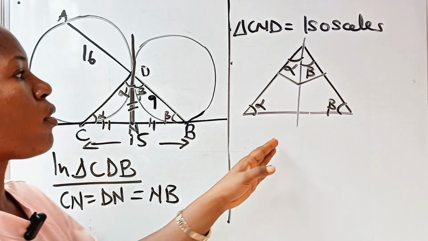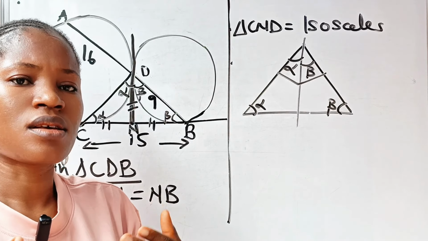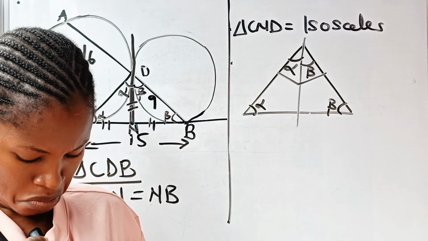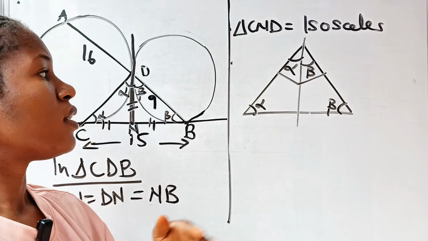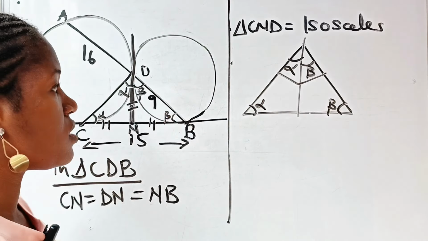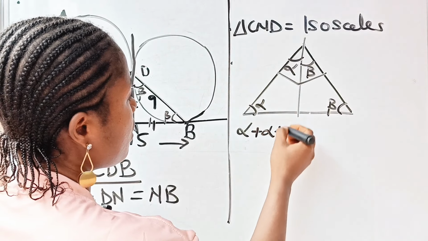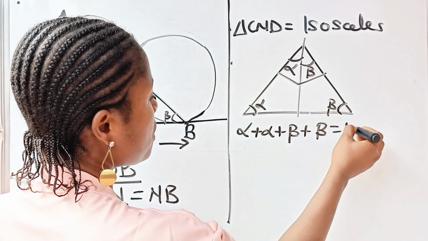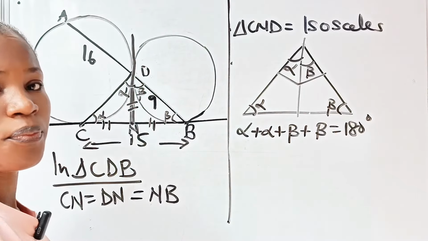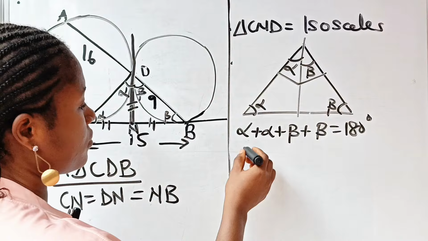All right, but you know that the sum of angles in a triangle is 180 degrees. So it means that alpha plus beta is supposed to give us 180 degrees. Now alpha plus alpha is 2 alpha.